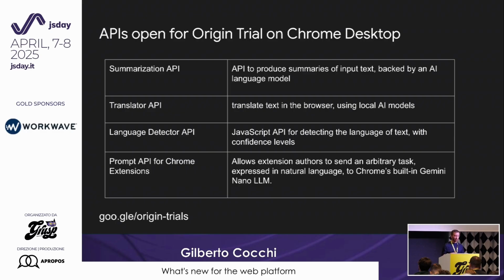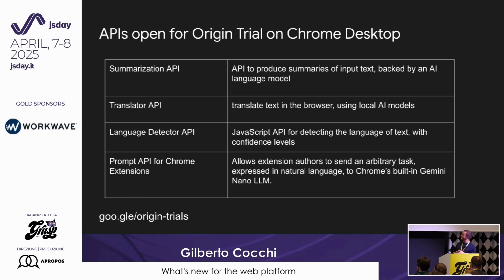If you're not familiar with origin trials, it's a way to have a sneak peek at a new API in Chrome. You just need to sign up for the origin trial, add a meta token to your website, and then you have access to a new API, even if it's not released to all of your users, to all of the Chrome versions.